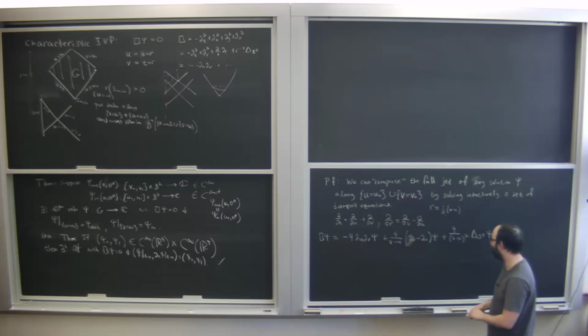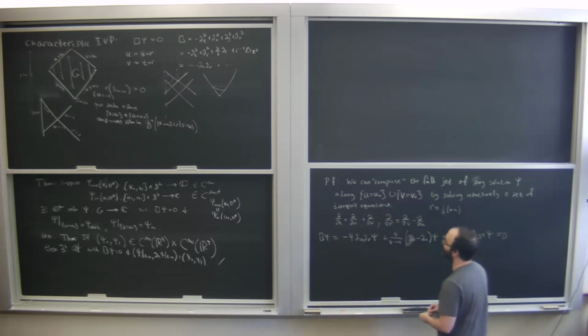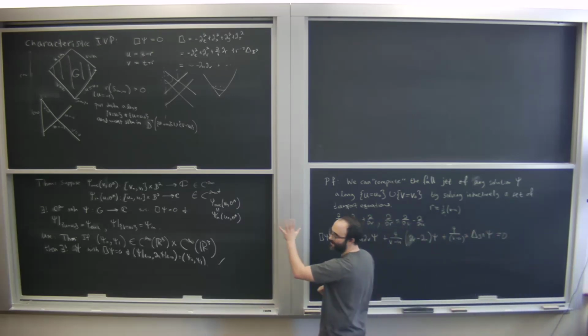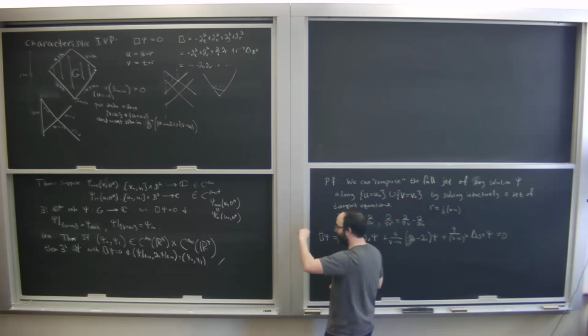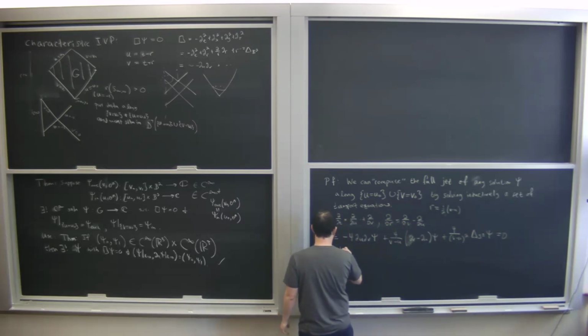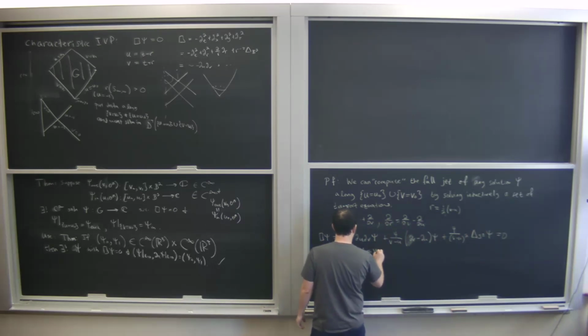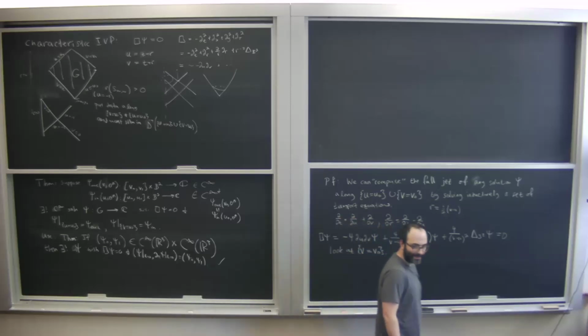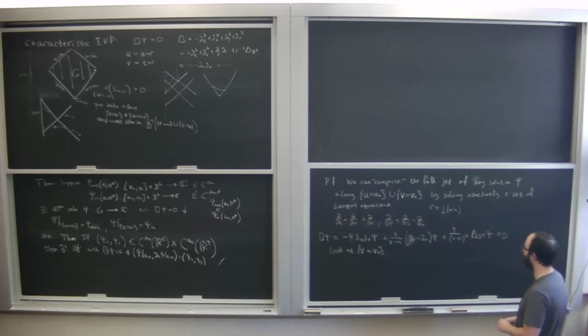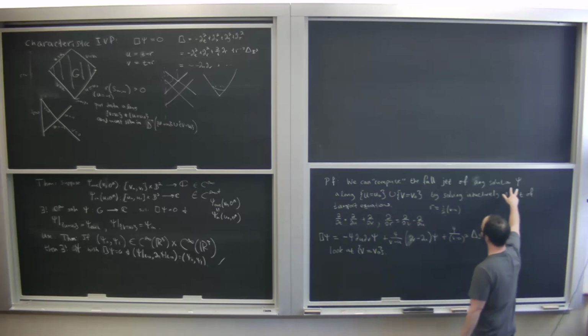Now, it's completely symmetric for v equals v0 and u equals u naught. So let's consider this hypersurface v equals v0, and think about what my claim is. My claim was that I can compute the full jet, meaning all the derivatives of psi, just by knowing that it's a solution and knowing this data.